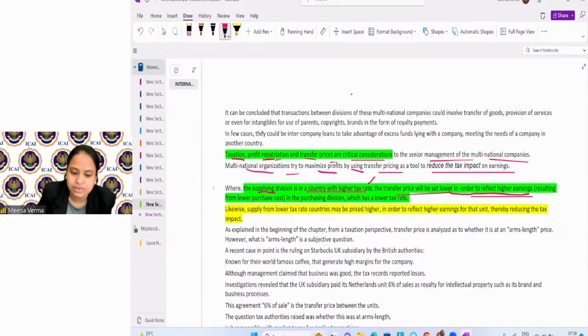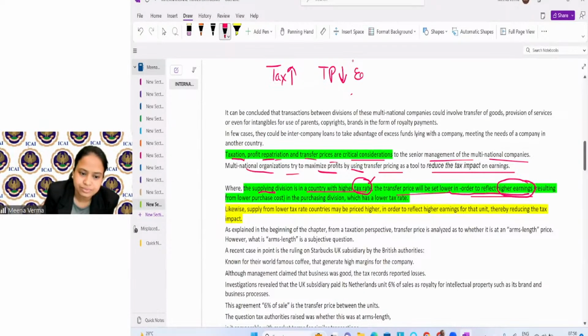Dekho, what is given here? Where the tax rate will be high, if the tax rate will be high, you will set the transfer price as low, right? That will set the earning as low. See, it is given here, transfer pricing will be set lower.